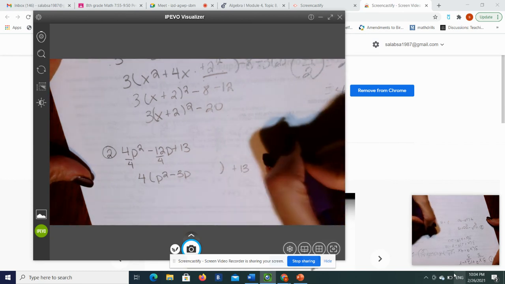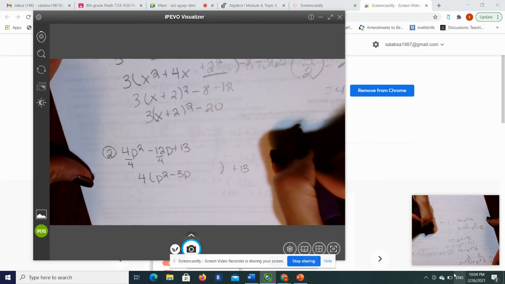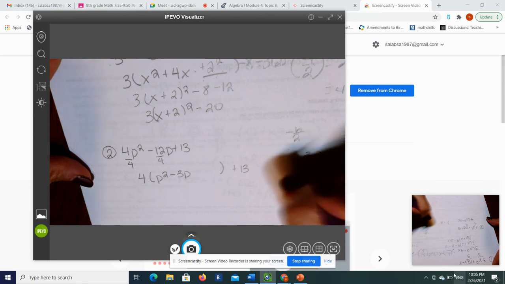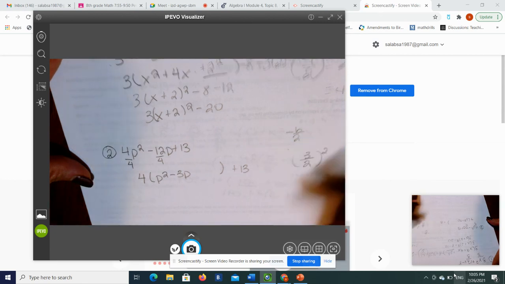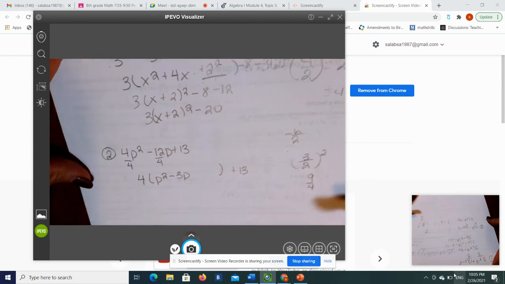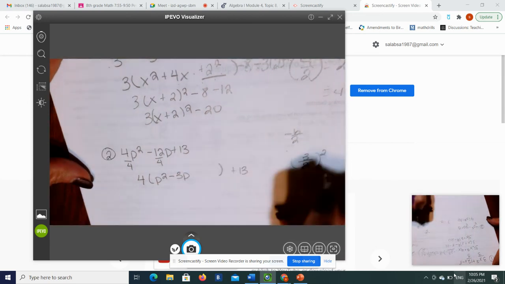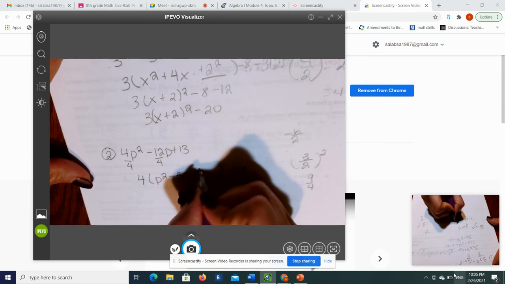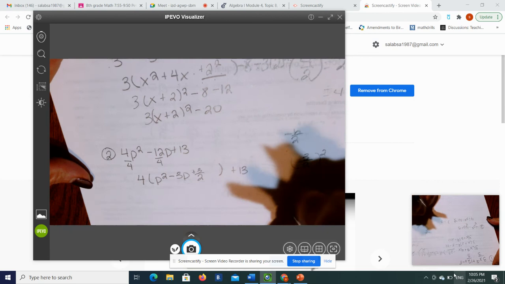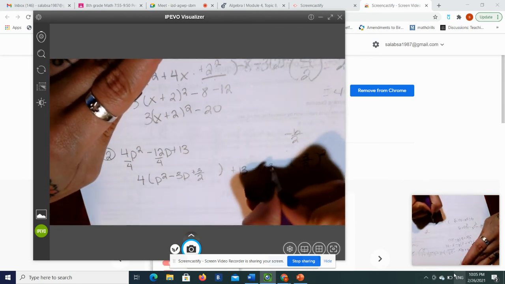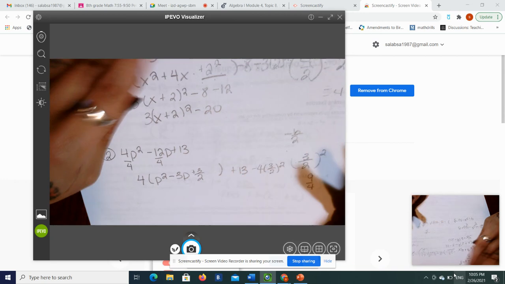You're going to do the negative b over 2, which is 3 over 2. Then you're going to square it. So 3 times 3 is 9. 2 times 2 is 4, so it's 9 over 4. But we're going to just put the 3 over 2 right here. Minus 4 parentheses 3 over 2 squared.